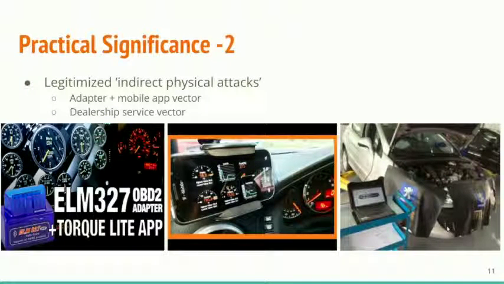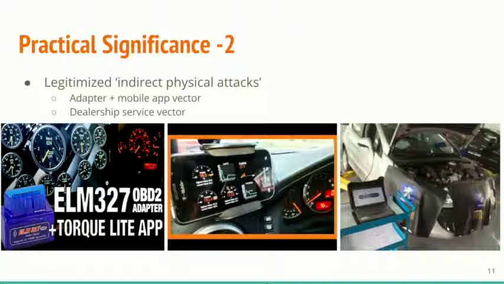It was in this following paper, however, that the team legitimized some cases of this vector through use of indirect physical attacks. This method relied on obtaining physical access through a third party. 2 examples of this can be seen in the adapter mobile app attack and the servicing attack. The first example involves users such as tuners and other car enthusiasts that have plugged in a Bluetooth-enabled OBD2 adapter into the car's OBD2 port in order to gain access to the car engine's readings and diagnostics.